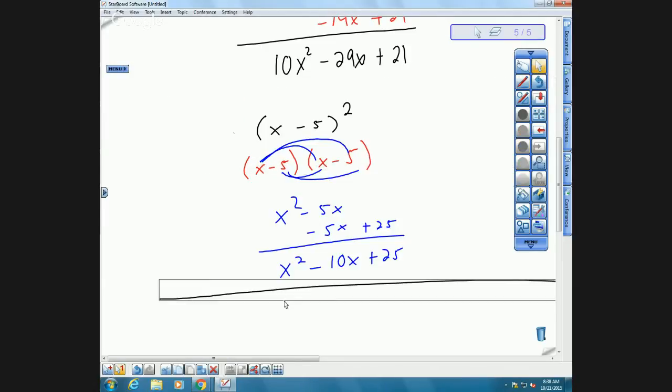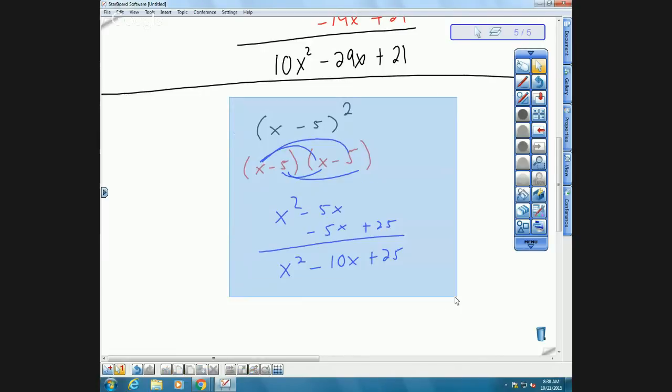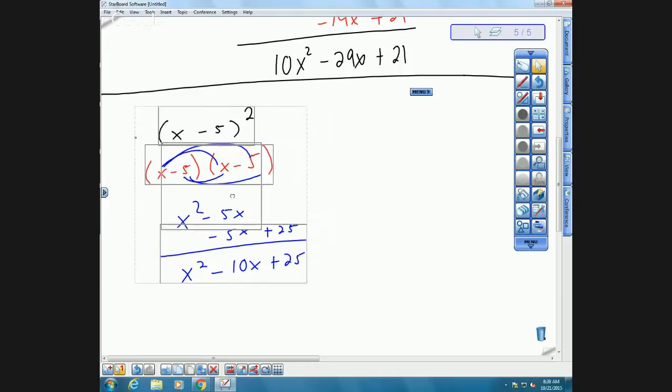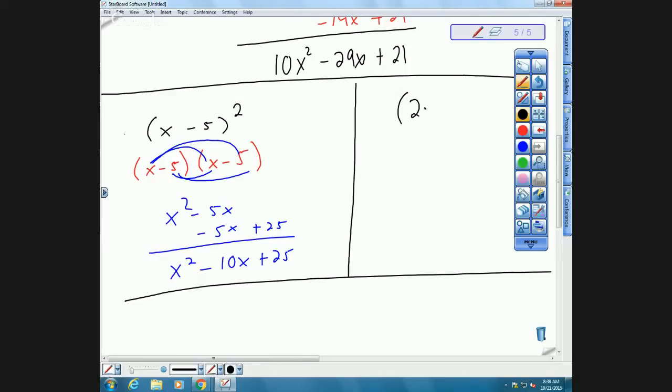Before I talk about that, let me do one more like that so I can talk about both of them at the same time. What if I have 2x plus 3 squared? Again, I'm going to do 2x plus 3 times 2x plus 3.